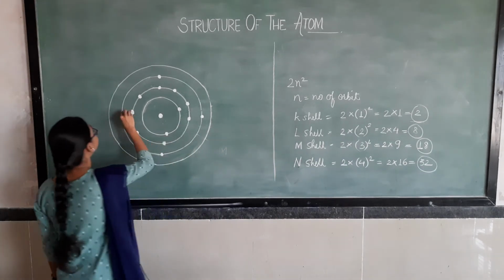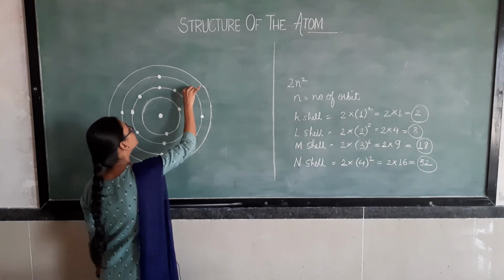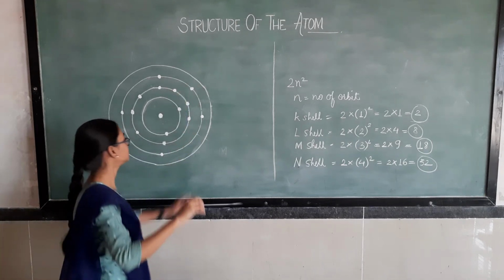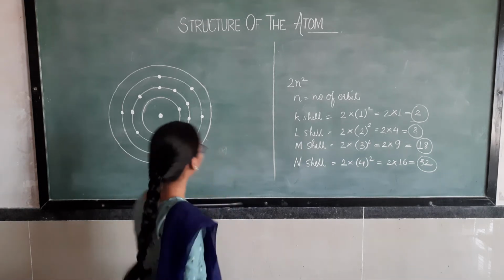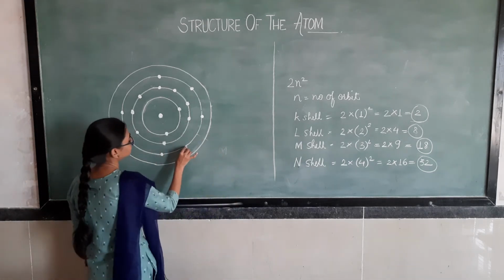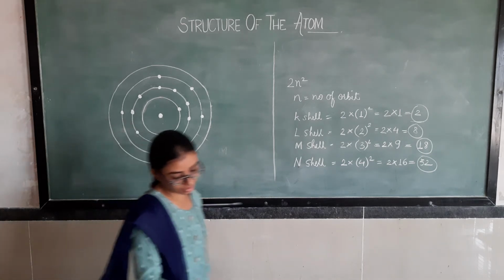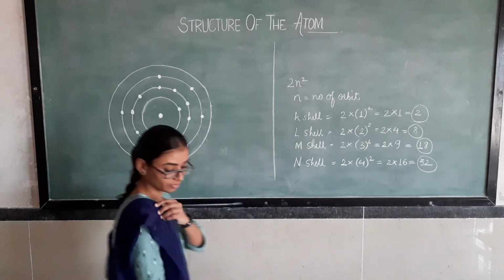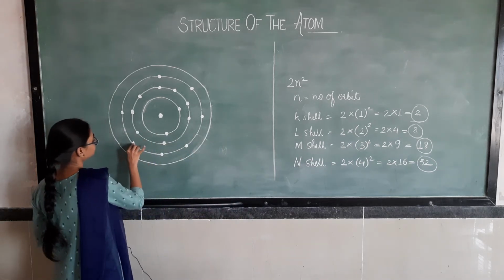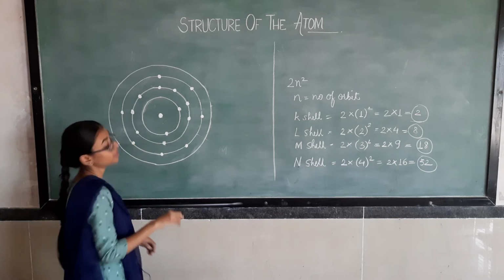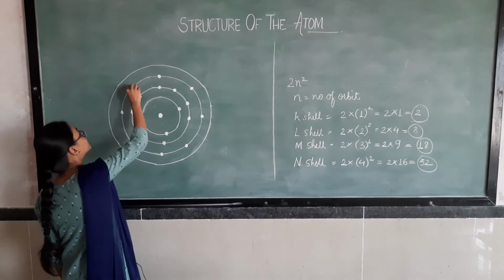Phosphorus has 15 electrons, so here we are going to adjust its 15th electron in the M shell. Then sulfur. Sulfur has 16 electrons, so here we will adjust with sulfur. Then it's chlorine. Chlorine has 17 electrons. And then argon has 18 electrons.